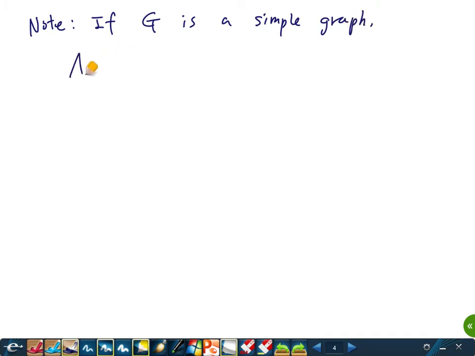So, for a simple graph, it's a 0-1 matrix. If G is a simple graph, then A is a 0-1 matrix, meaning every entry is 0 or 1, with diagonal entries 0.